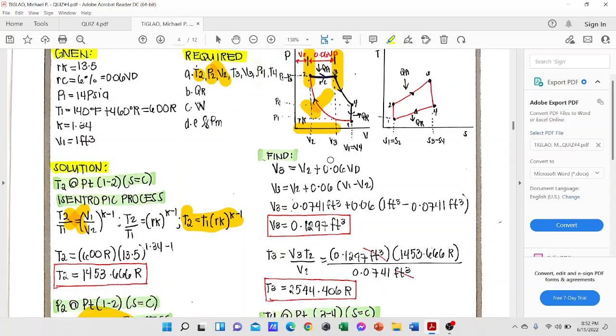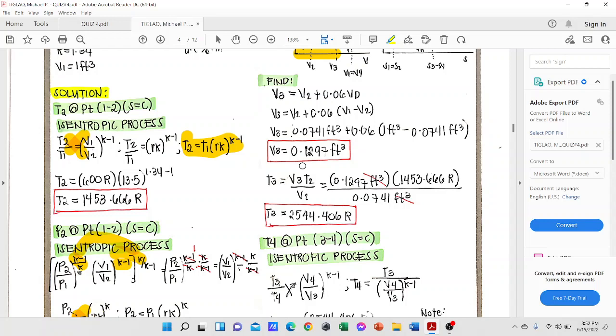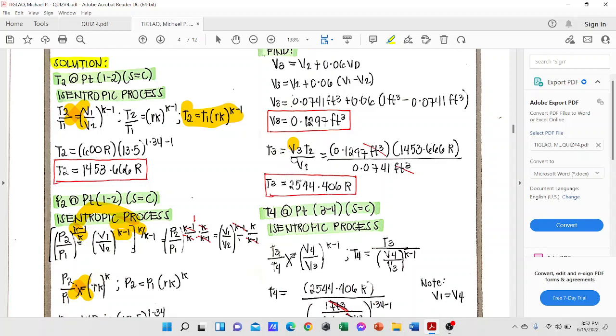Then, sa temperature 3, makukuha natin yung temperature 3 kasi meron na tayong value ni volume 3. So, i-substitute lang natin. Volume V3 na nakuha natin is 0.1297 cubic feet. Yung temperature 2 natin na 1,453.666 Rankine all over natin sa V2 na 0.0741 cubic feet.